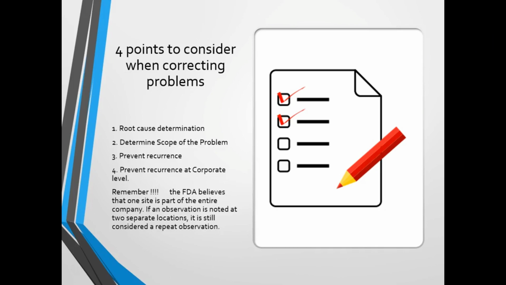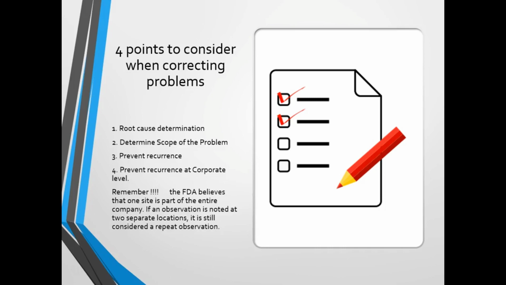The third one then is to prevent recurrence. So look at which system has failed, and a thorough systematic examination will bring issues to light and aid in prevention of recurrence. The fourth one then is to prevent recurrence at corporate level. Larger corporations can gain support and expertise from various locations, and this applies to knowledge gained from internal quality audits and regulatory inspections.